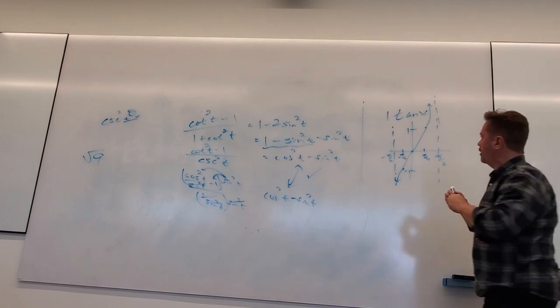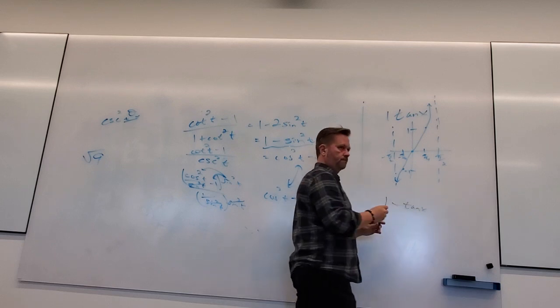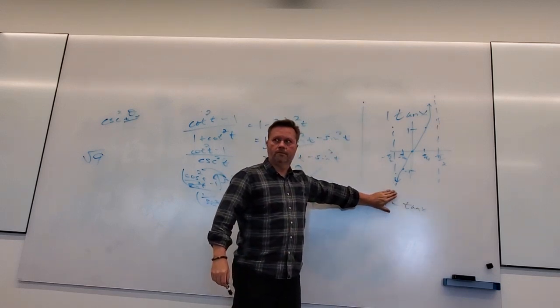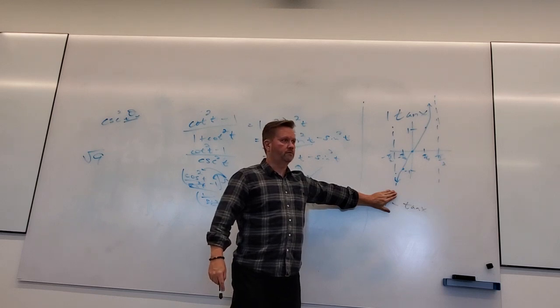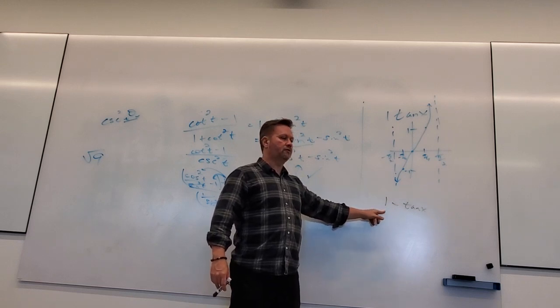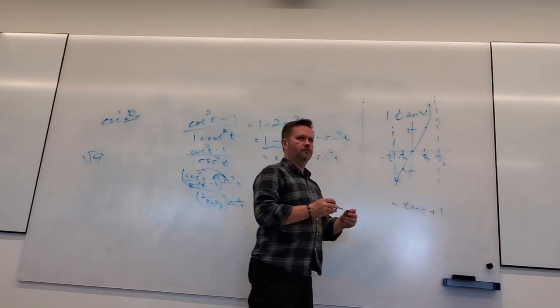The actual problem is 1 minus tangent x. So what would that do to my picture? It would just flip it, right? And then I'm going to take that negative tangent x and move it up 1 because that's positive 1. Another way to write 1 minus tangent x is negative tangent x plus 1, right?